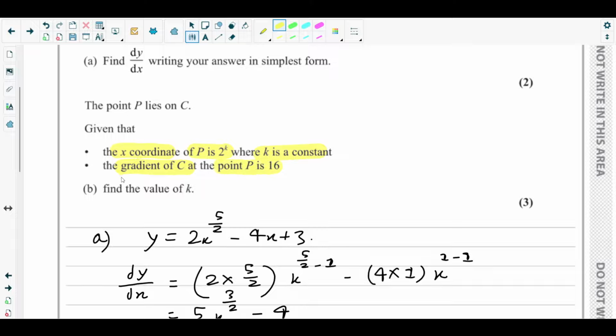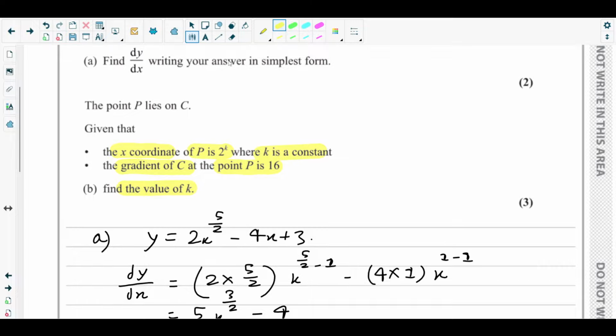The question is asking us to find the value of k. So the x-coordinate of point P is given as 2 to the power k, and the gradient of the curve C at the point P is given as 16. This is the important thing that we will be using here.